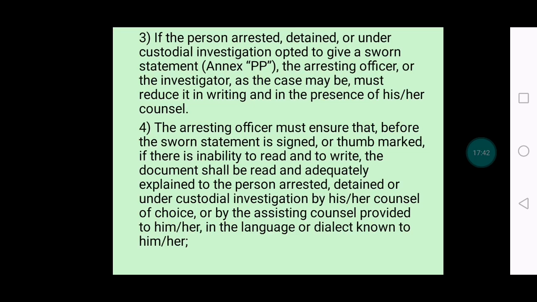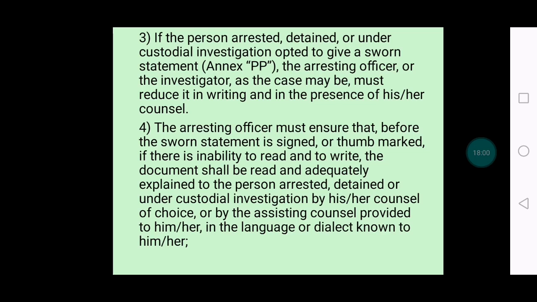If the person arrested, detained, or under custodial investigation opted to give a sworn statement, the arresting officer or the investigator, as the case may be, must produce it in writing and in the presence of his or her counsel.